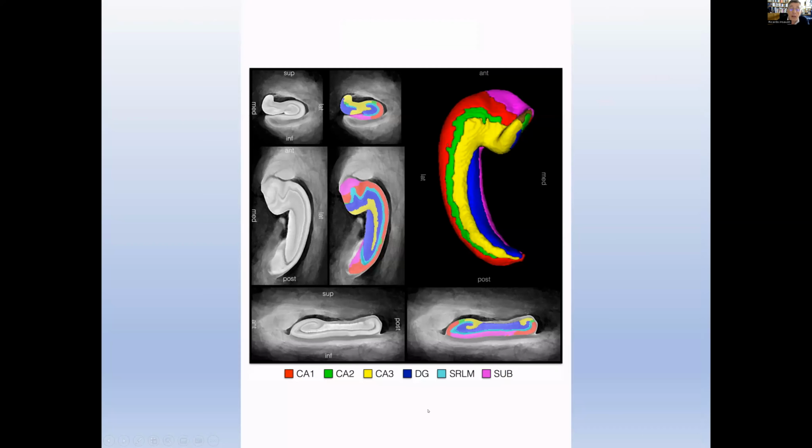This comes from another study, which is the correlation between very high resolution MRI, 9.4 Teslas, and the reconstruction in the coronal, in the horizontal, and then the volume rendering of the shape of the hippocampus.